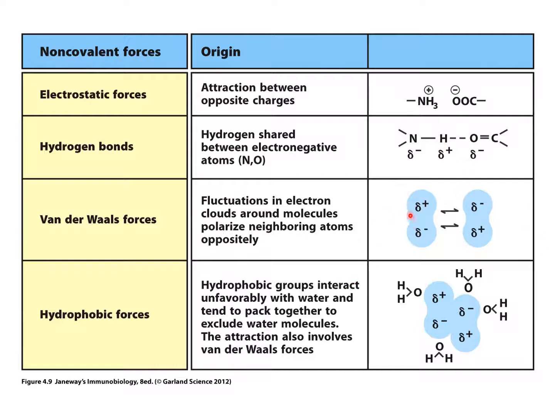Van der Waals, remember Van der Waals, you force two molecules close enough together, they will interact. And then hydrophobic forces, whether they're water-loving or water-hating, there's going to be water present or absent in the different pockets and the nooks and crannies, and different amino acid R chains are going to try to insert into that region.